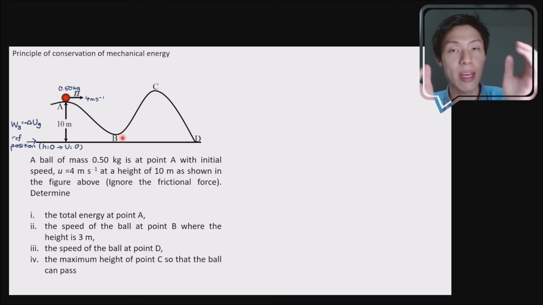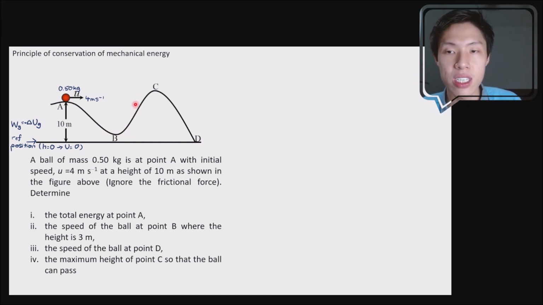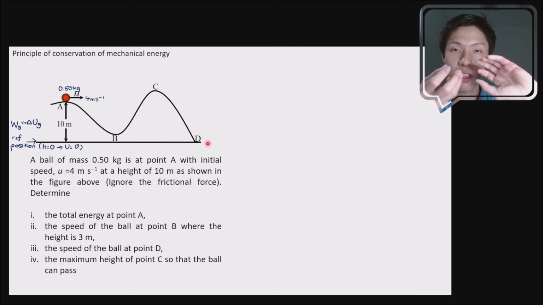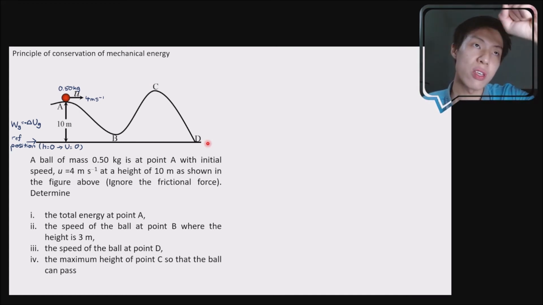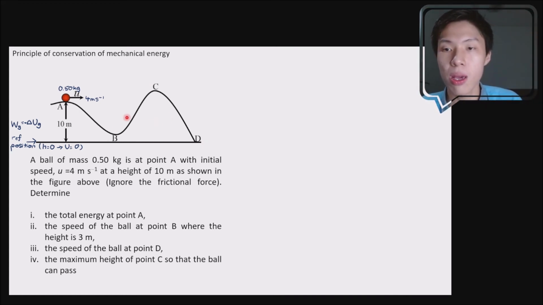So you still have some kinetic energy left, thus the ball will roll over point C with a certain speed. The speed will not go to 0, so it will not stop throughout its journey passing through C going towards D.